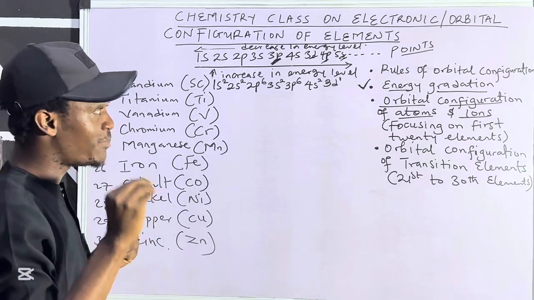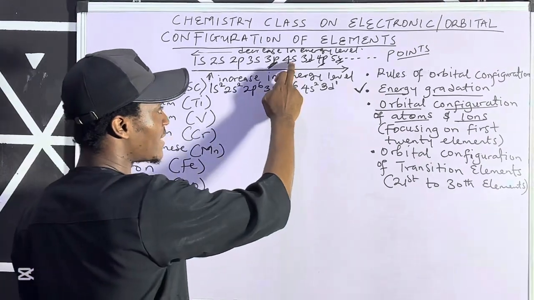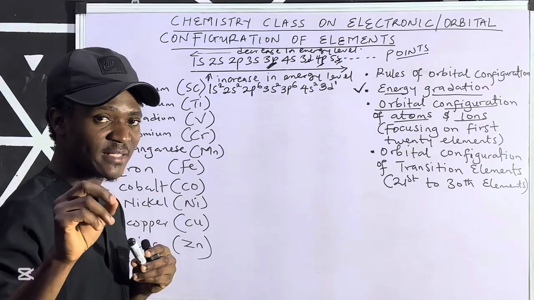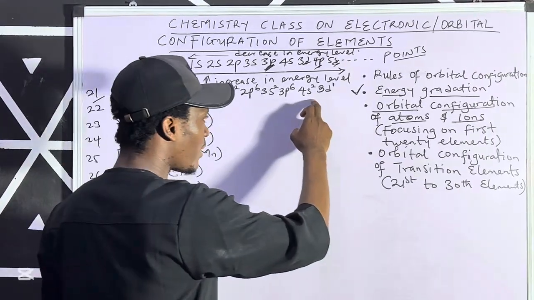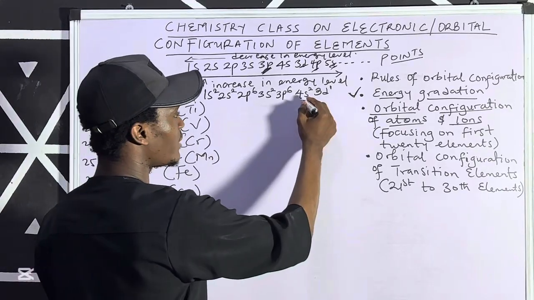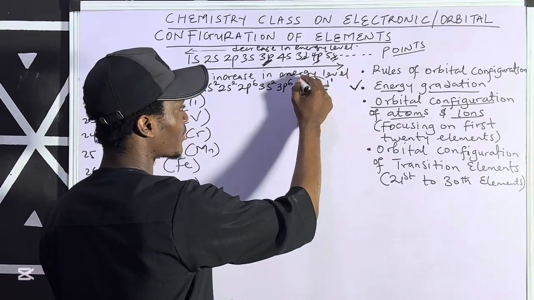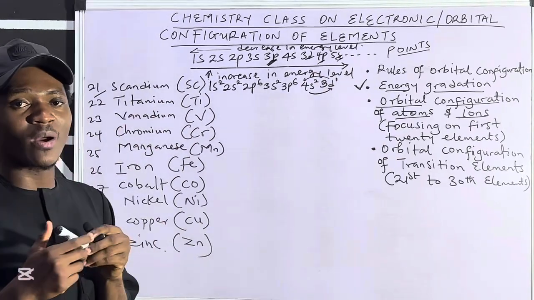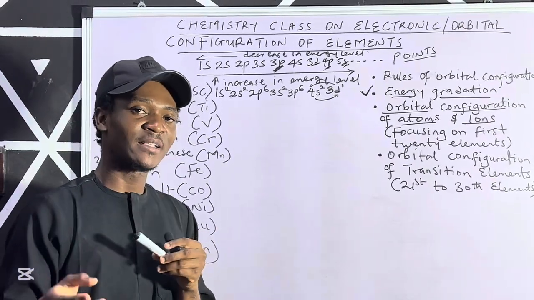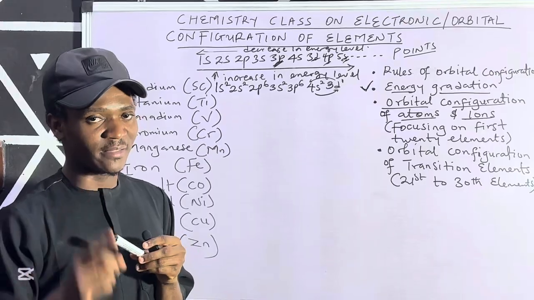But even if the 4s in the energy gradation came first before the 3d, it is best to end with the 4s and bring the 3d inside, meaning that we are to interchange their positions. The reason is because of the quantum number. The principal quantum number 4 is supposed to come after the principal quantum number 3.